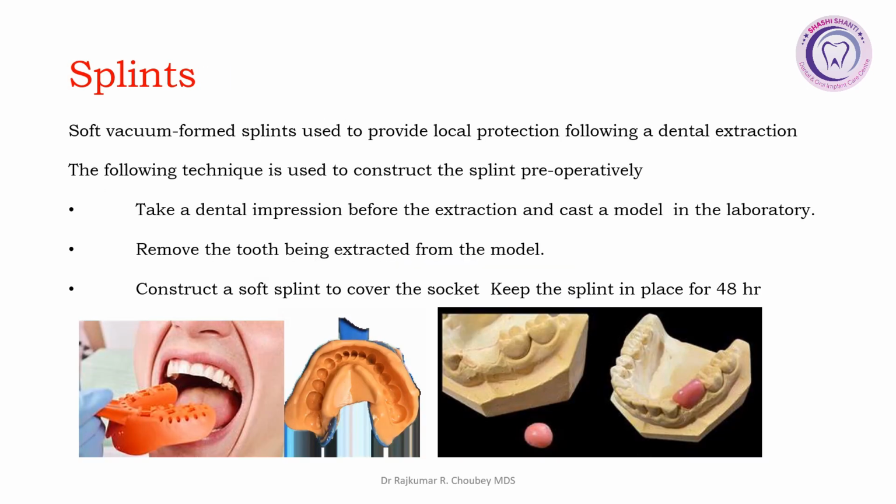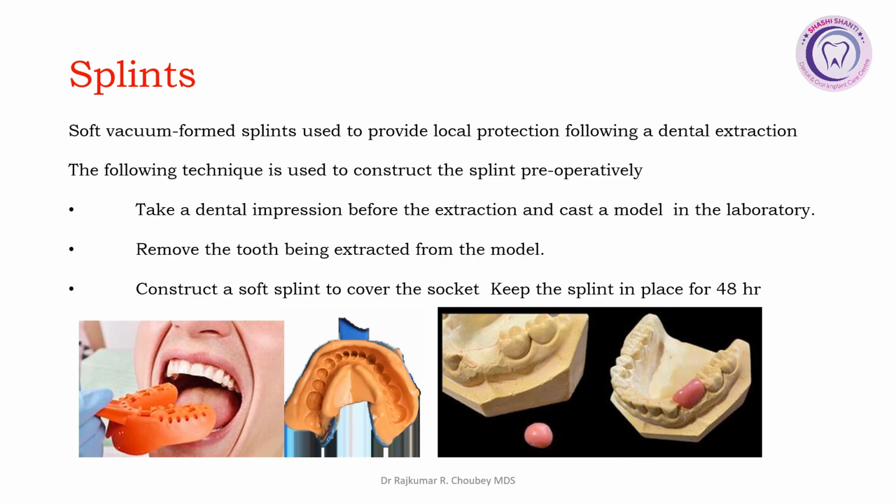In dentistry, if we want to extract one or two teeth, just before extracting the tooth, you take the impression. The negative replica comes, just pour it with dental stone and prepare the cast model, the positive part. Remove the tooth that you want to extract in the future using pliers, and then soft resin is used to prepare the splint, and that will be placed after extracting the tooth.